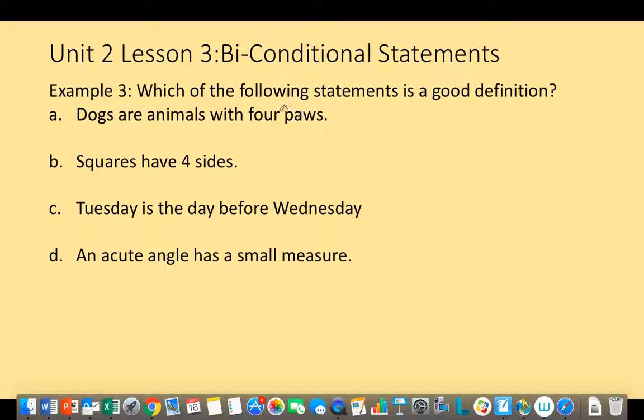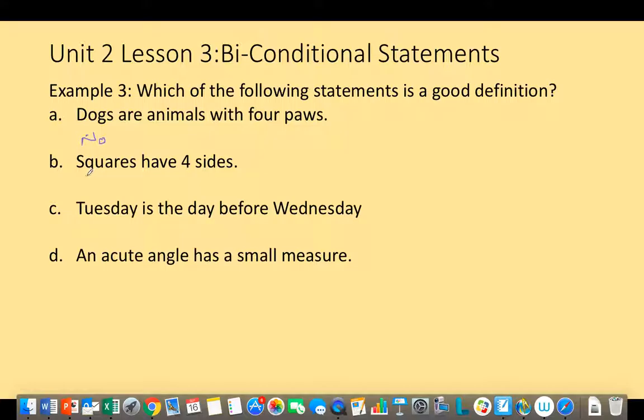If an animal has four paws, then it's a dog. Well, the first one is true. The conditional is true. But the other way, I can think of lots of animals that have four paws that aren't dogs. And so I would say, no, this one is not a good definition. Okay, it's just not specific enough.